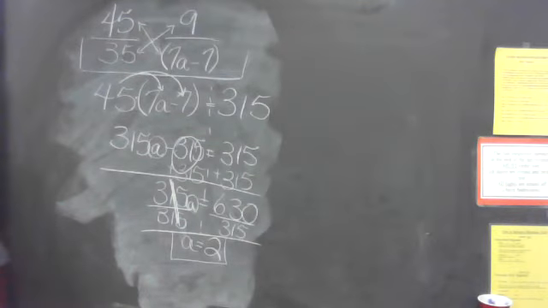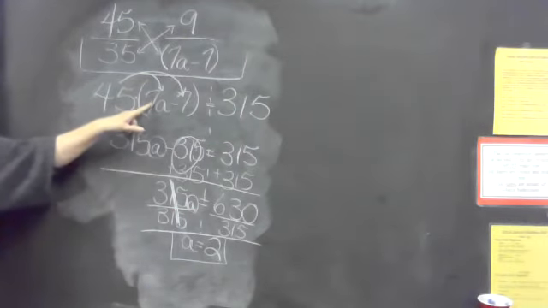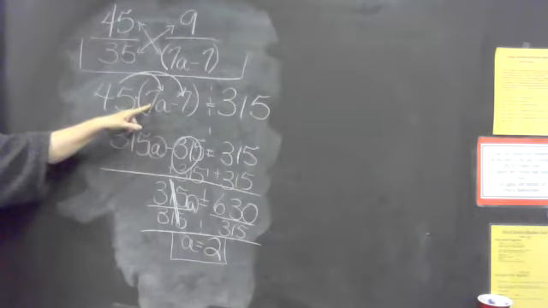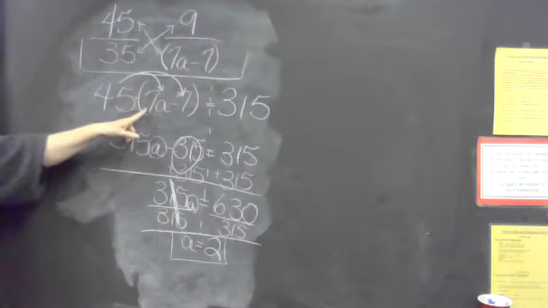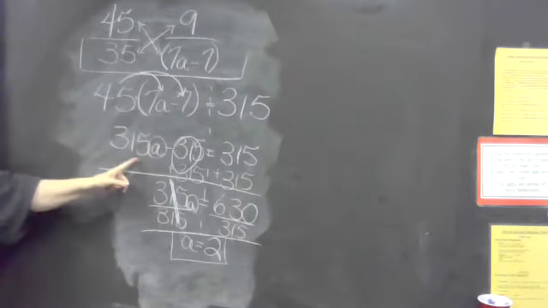Y'all see? So the reason I wanted to do 6 or 8 was because it had this in here instead of a 1 like we've been doing, okay? And I just wanted you to know that you take that times the number and add the a on.